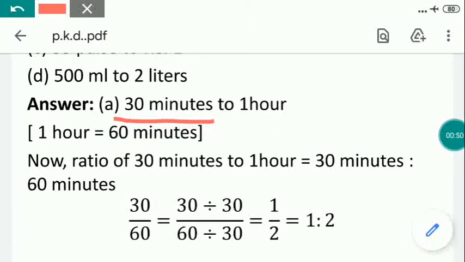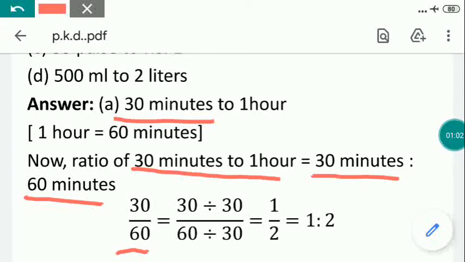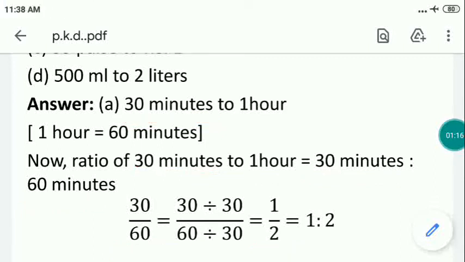So ratio of 30 minutes to 1 hour equal to 30 minutes upon 60 minutes, because 1 hour is nothing but the 60 minutes. So 30 upon 60. So divide numerator and denominator by 30. So 30 divided by 30 upon 60 divided by 30, which is equal to 1 upon 2.